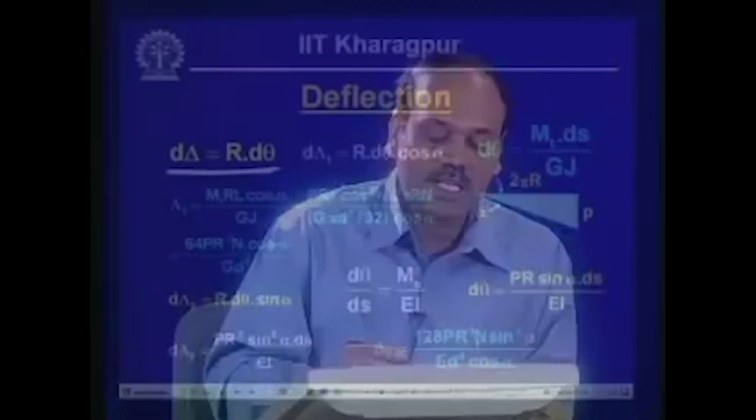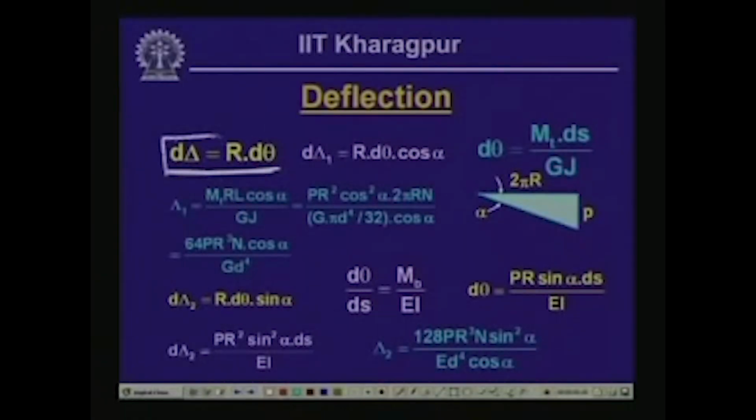We had considered the deflection because of the twisting moment, and we had shown that it undergoes a vertical deflection equal to r times d theta, where d theta is the rotation generated because of the twisting moment T, which is P times R. Now, if we take that as our basis to evaluate the deflection in the open coil spring, then d delta, as we have seen for a closed coil, is r d theta.